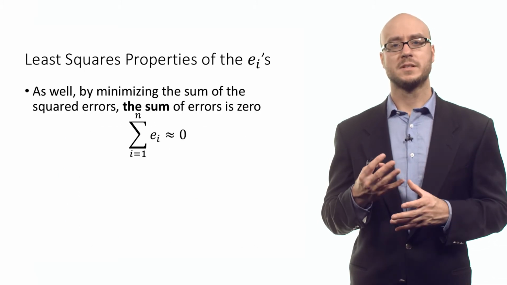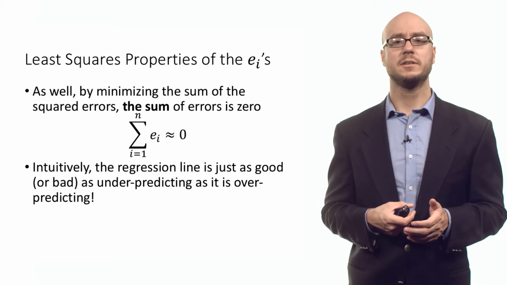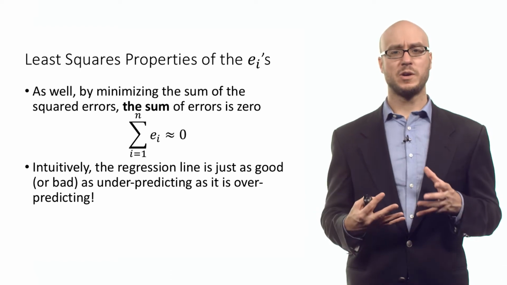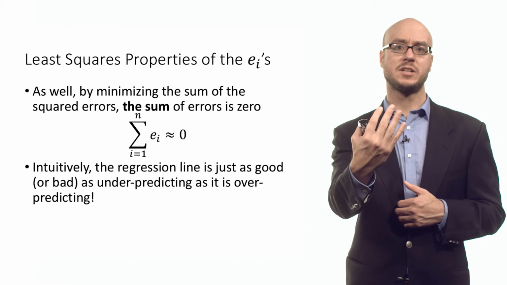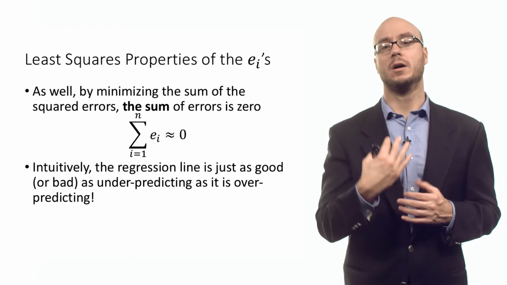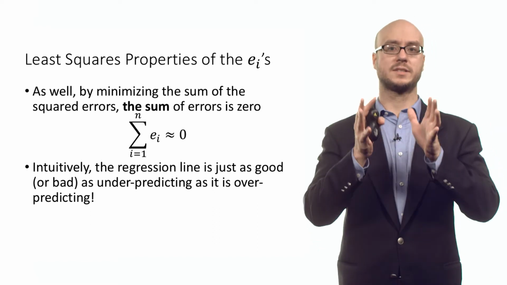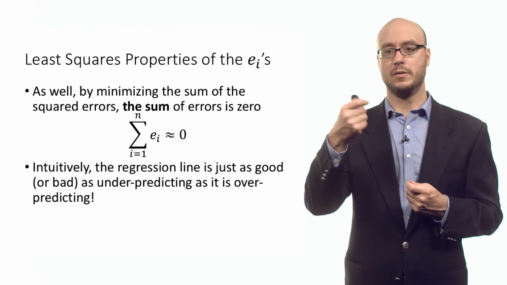As well, if you add up all the errors, that is also going to be 0. Intuitively, what these two properties are telling us is that the regression line is just as good as or bad as it is over predicting. You're going to have residuals above and below that regression line. It's not constantly over predicting, it's not constantly under predicting. It's going to be above and below that line.